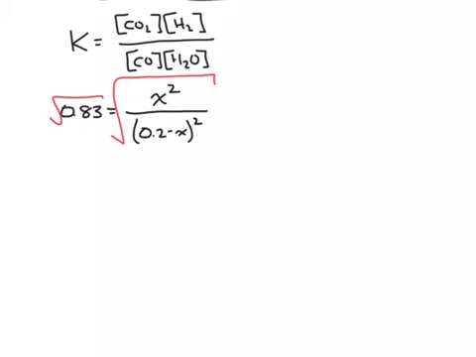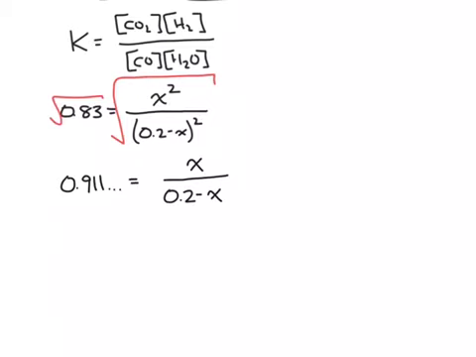So if we do the square root of 0.83, we get something like 0.911 with some stuff after it. And then on the other side, our squares just go away. So we're left with something a little bit more simple.